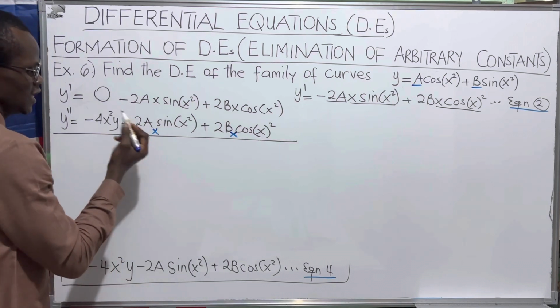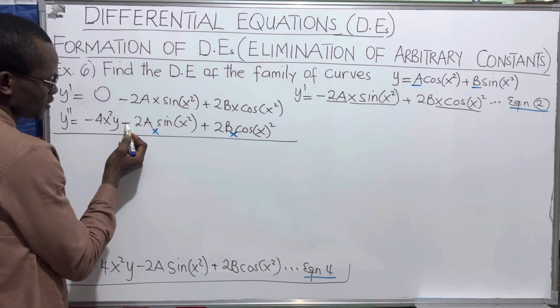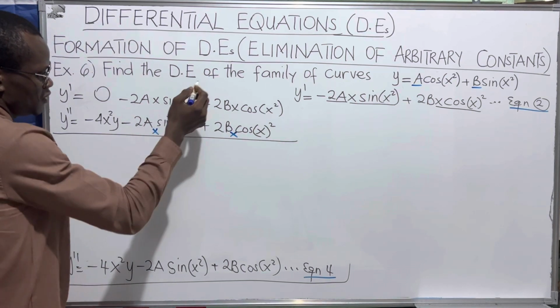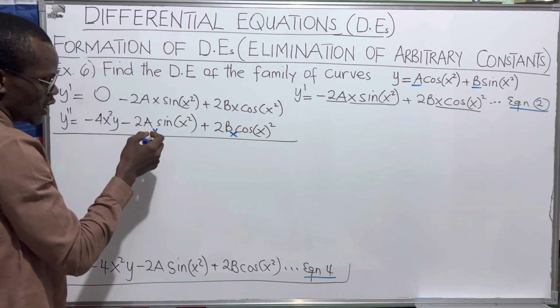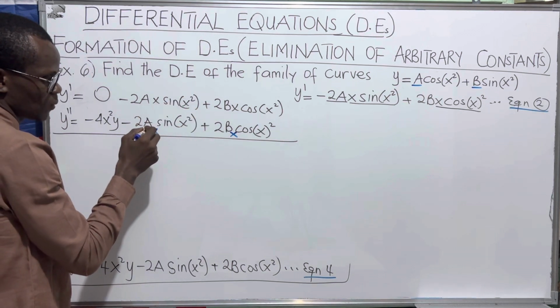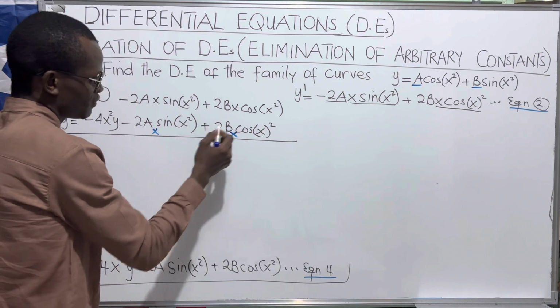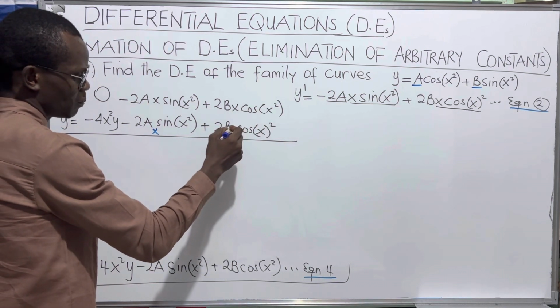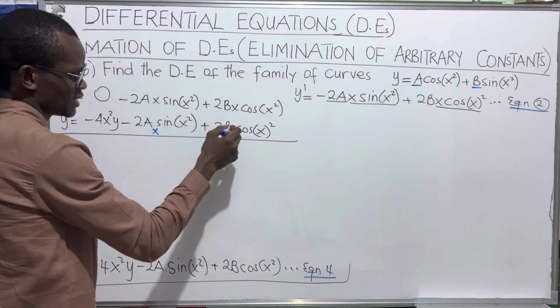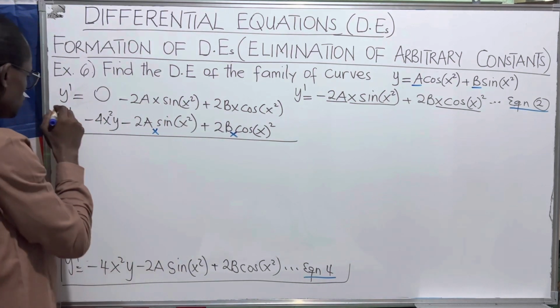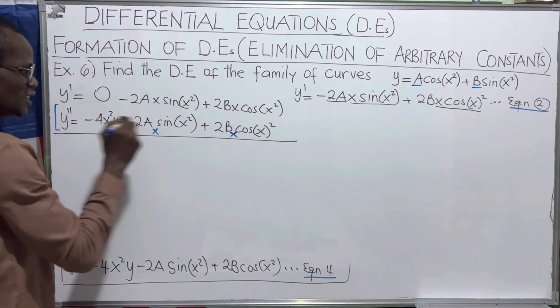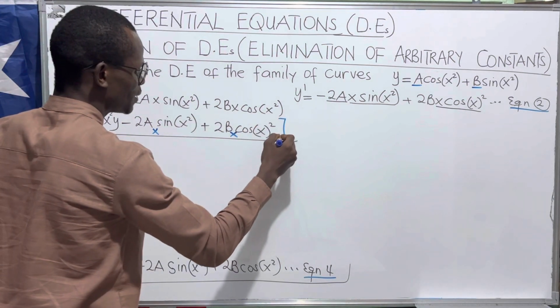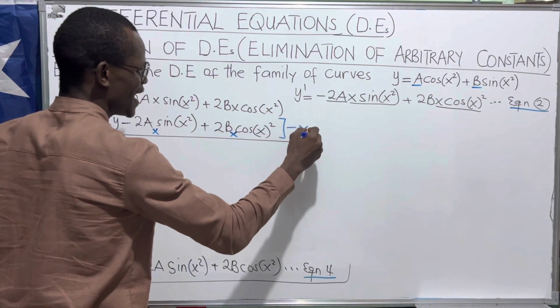If this sign is positive, this expression and this expression can go out if there is an x right here. If this sign is negative, these two expressions can go out if there is a variable x right here. So what we can do is just multiply this by minus x.